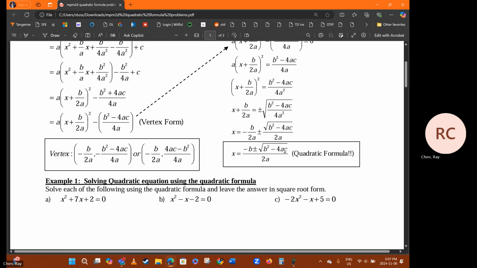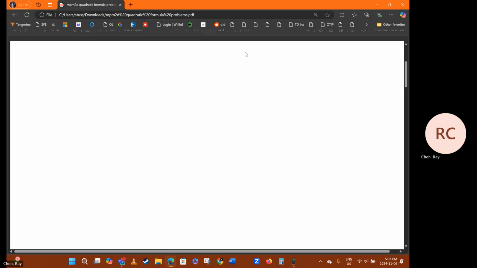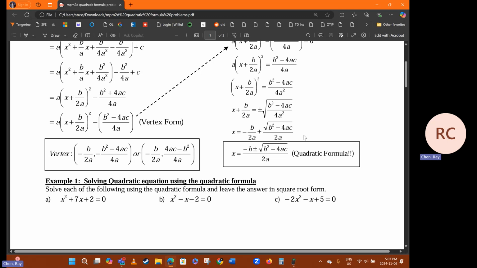Oops. The quadratic formula is x equals negative b. Oops. It's not working properly. Let's try that again. I'll undo. Let's refresh. Let's try that again. Maybe I'll use my pen.